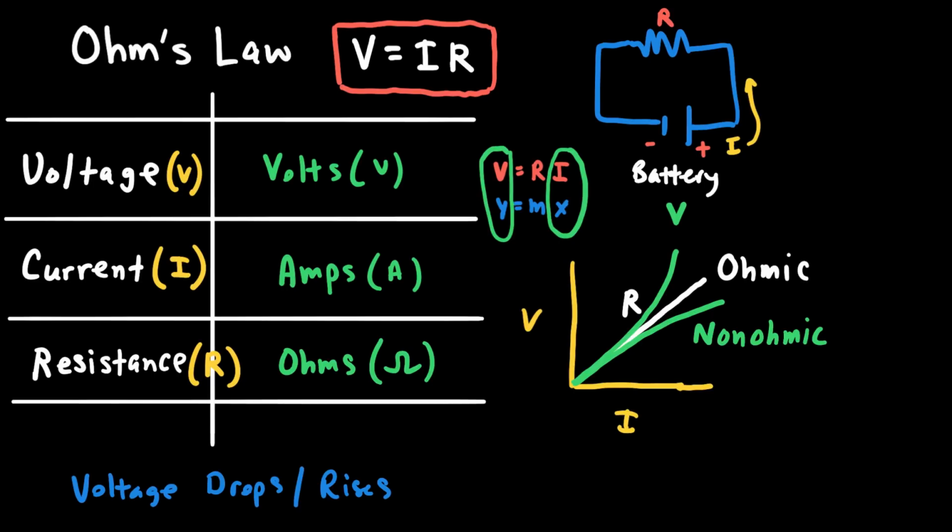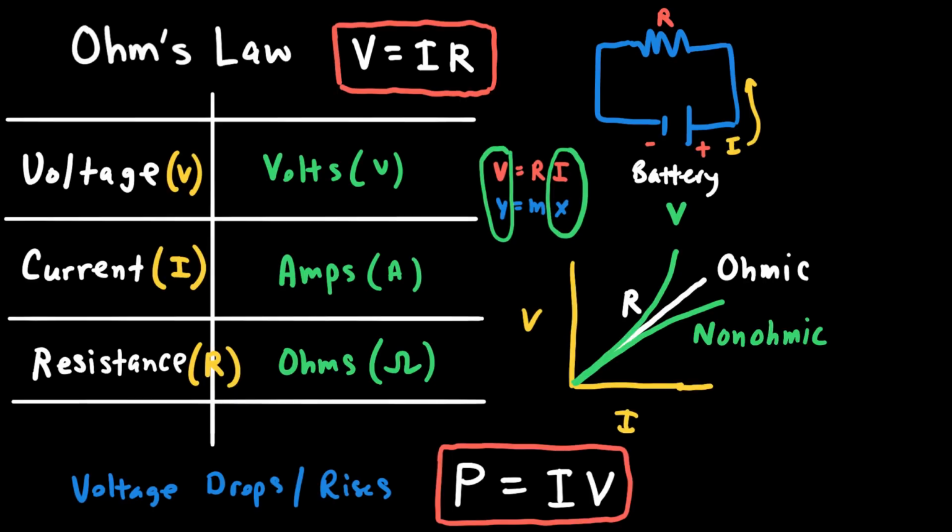And as the charges go through that voltage drop, there is power that is dissipated by the light bulb. And you can feel that if you put your hand near a light bulb, especially an old incandescent light bulb. There's a lot of heat coming off of that light bulb. The power being dissipated by that light bulb is equal to the current moving through the light bulb times the voltage drop across that light bulb. And so P equals I times V.